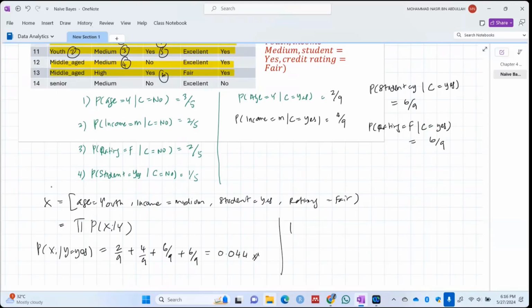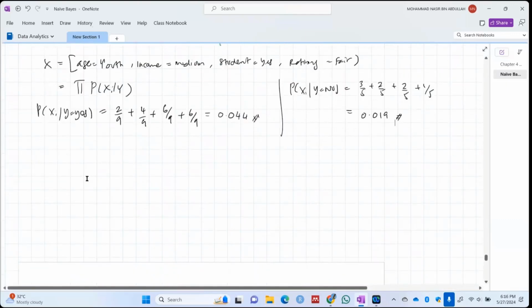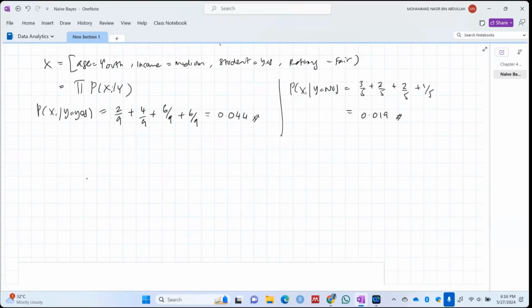And next, we need to find probability of xi given y equal to no. This is 3 over 5 plus 2 over 5 plus 2 over 5 plus 1 over 5. So this one should be 0.019. Right? Now we just calculate the class conditional. Now we want to find the probability of y equal to yes given xi.